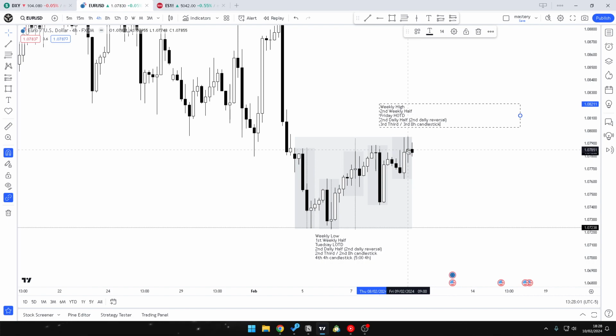In this case, because I'm looking at it, I can simply say that it was made on the fifth 4-hour candlestick for the daily chart because 1, 2, 3, 4, 5, it's the fifth, and it was made between the 9 to 13. So it's a 9 4-hour candlestick.